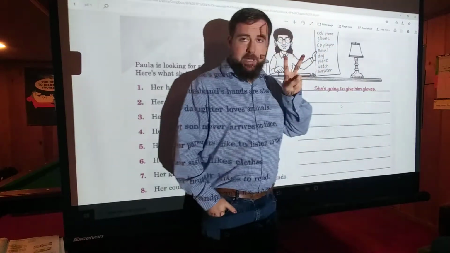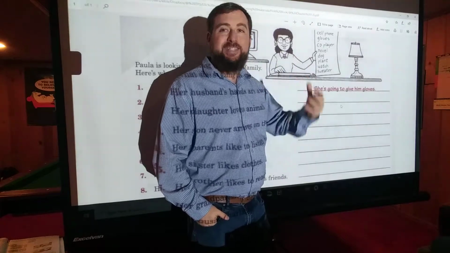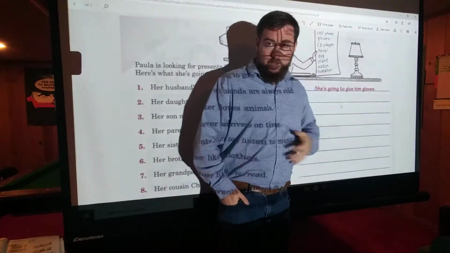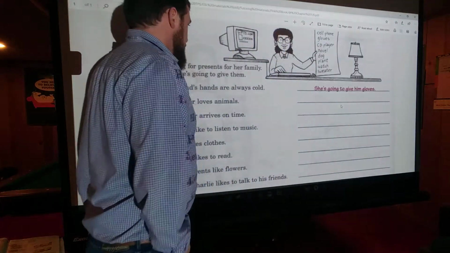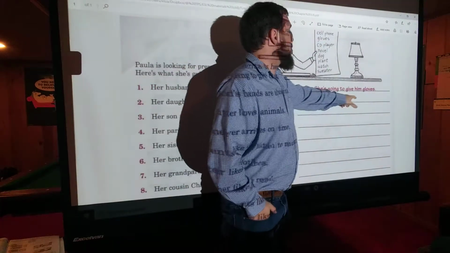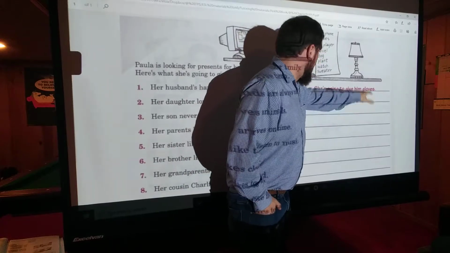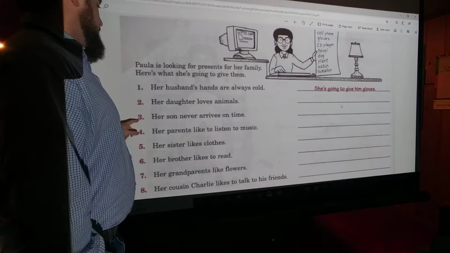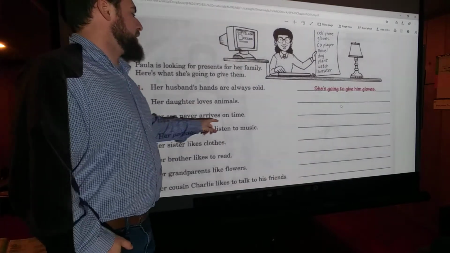We're in book 2 now. We're in the advanced class now. We should be able to remember the periods at the ends of our sentences. Okay? So she's going to give her a dog. Number 3. Her son never arrives on time.